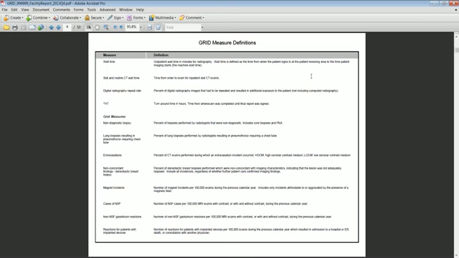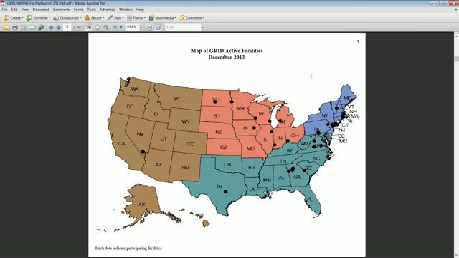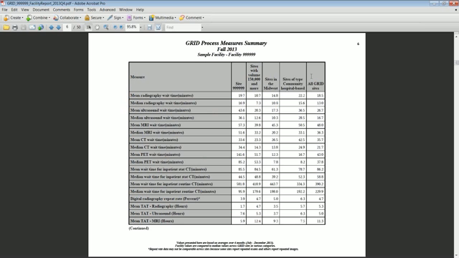As you scroll through, the first thing you will see is the list of all the measures that we report on. This includes process measures and outcome measures, and it really depends on what level you participate at as to what your feedback report will include. We show you a map each time that tells you where all the other facilities are, so you know who you're being compared to.